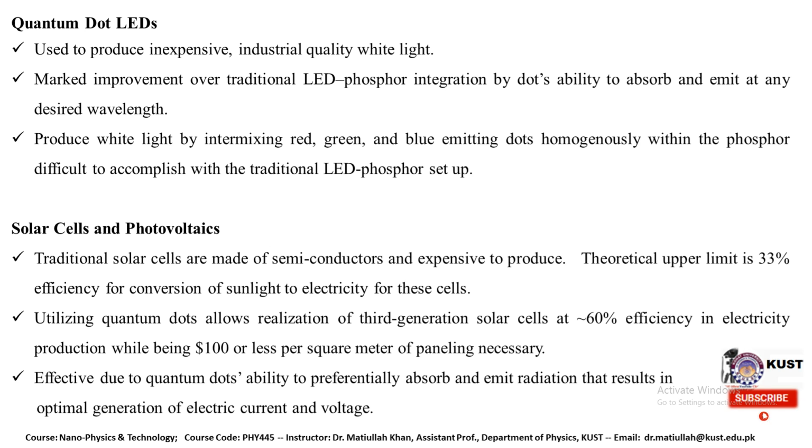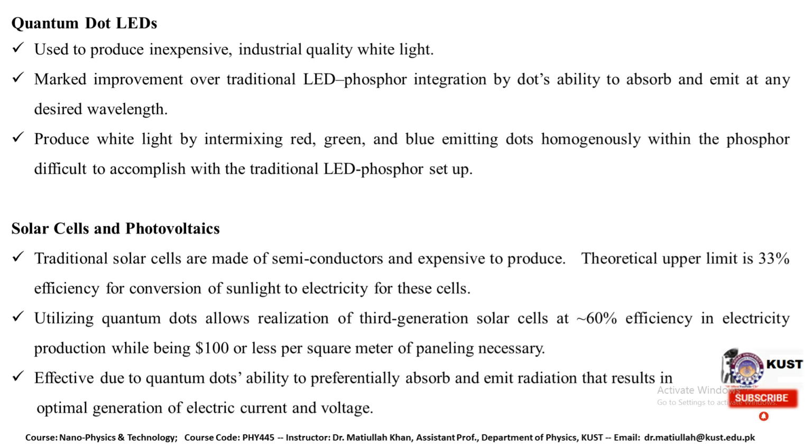But if we use quantum dots, it allows realization of third generation solar cells having an efficiency of around 60%, almost double the efficiency of traditional solar cells in electricity production, while needing $100 or less per square meter of paneling. So comparatively it is cheap and more efficient.